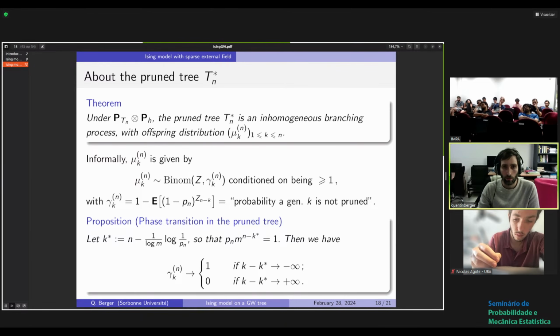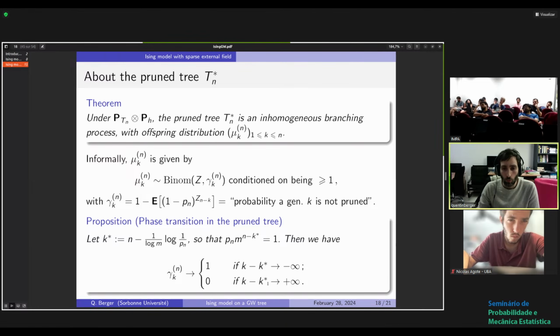On the other hand, if k is much larger than k star, meaning k star plus something very large, this gamma k is going to 0. If gamma k is going to 0, this binomial wants to be equal to 0, but it's conditioned to be larger than 1. So this offspring distribution is concentrated on a Dirac mass at 1.